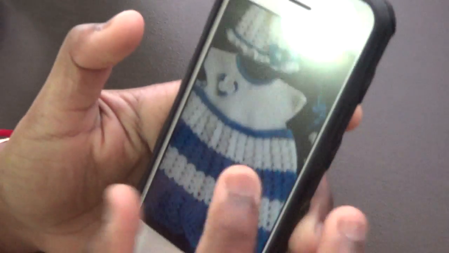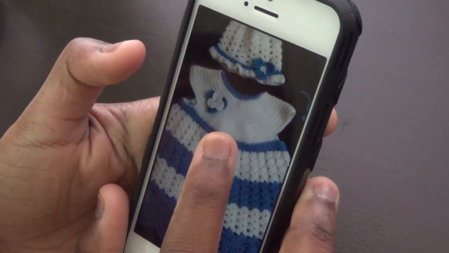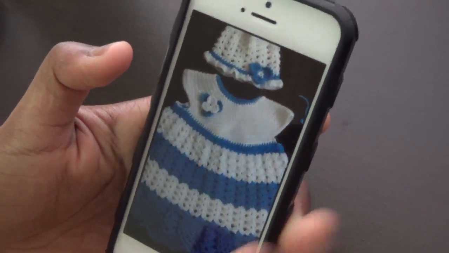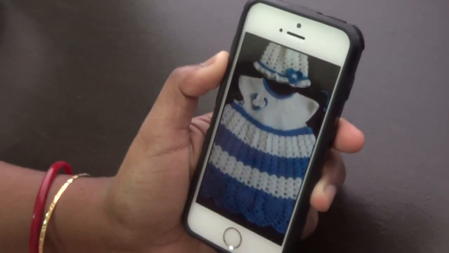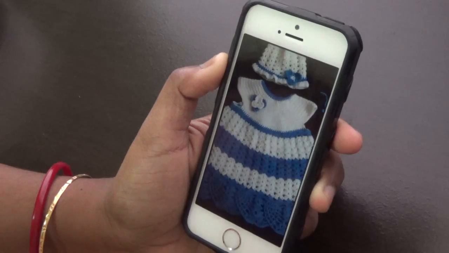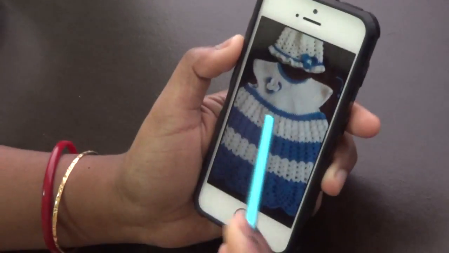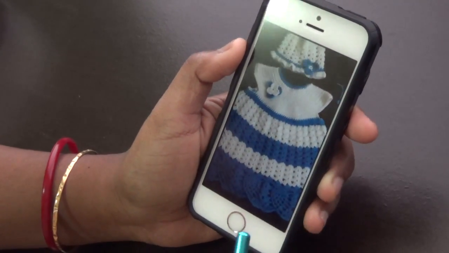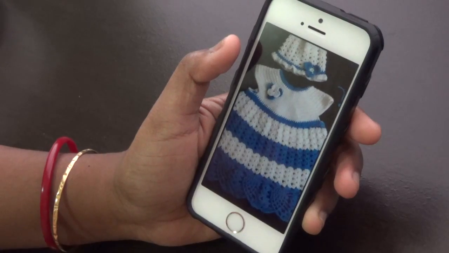See, this is a curved pattern, but the stitch I have used is half double crochet. You can see the difference, right? No matter whatever stitch you are choosing, the only thing you have to remember is whether you will be doing a curved pattern. It's not a proper term, I'm just using the term curved to make you understand.